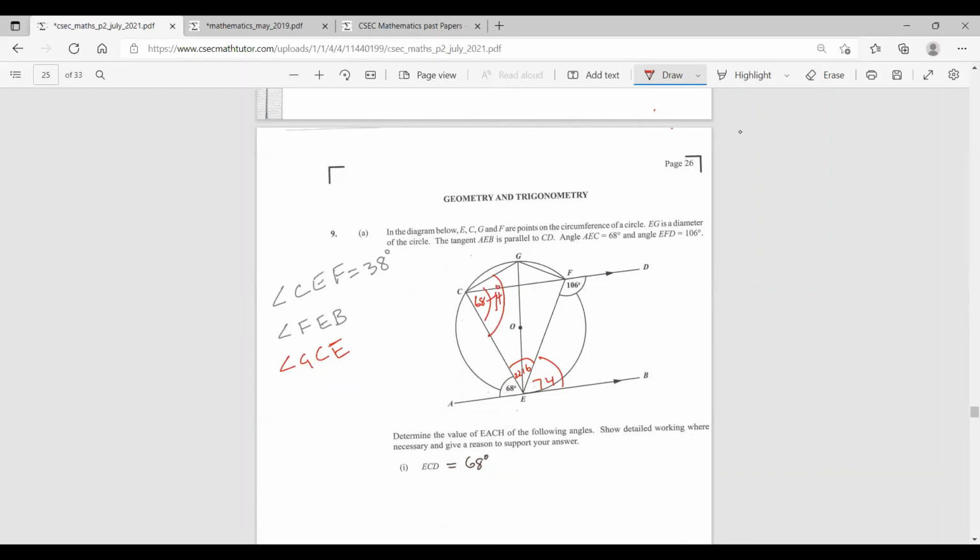See me? We know that this part here is 74, not just because of the 106 minus 180, but also because of the Z, where the 74 is equal to 74.